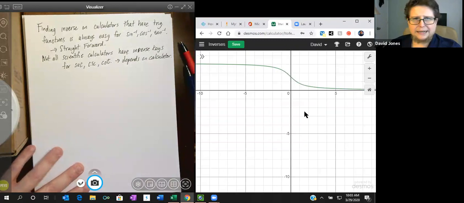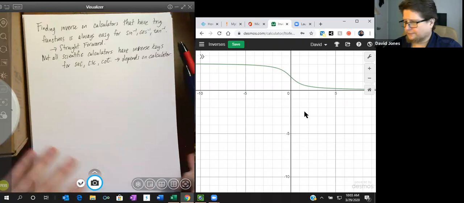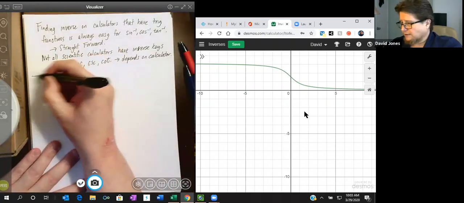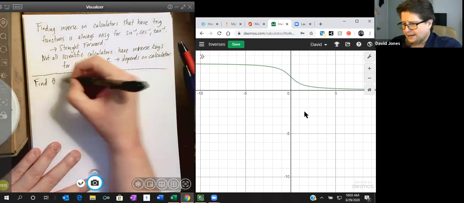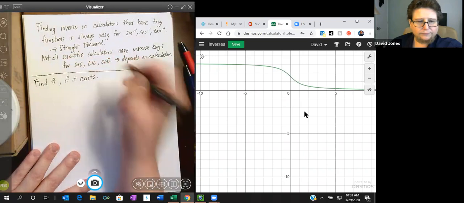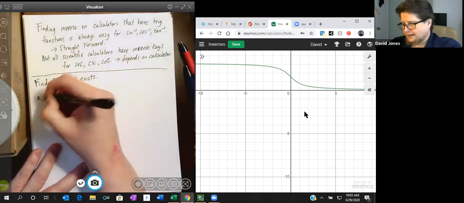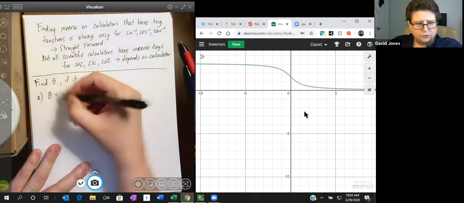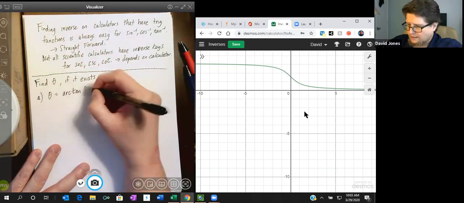I hope looking at Desmos helped out. Seeing the shapes of those graphs is kind of helpful. Find theta if it exists. A. Theta equals arctangent of root 3.